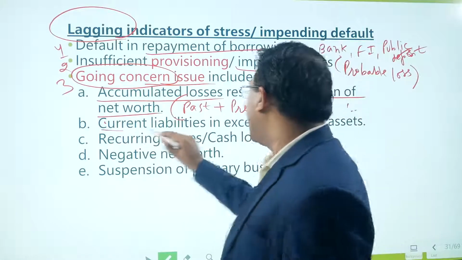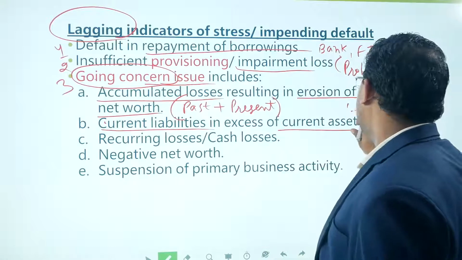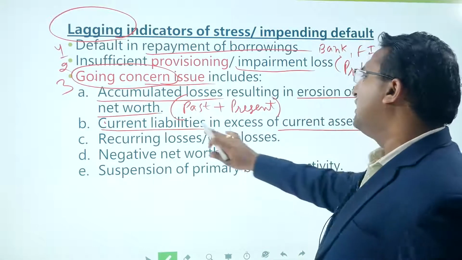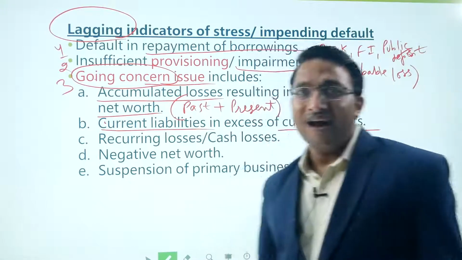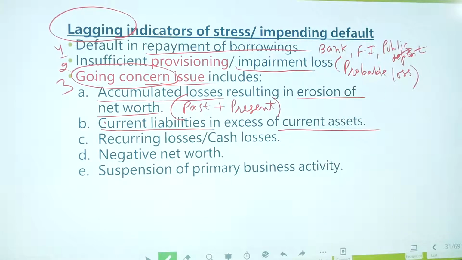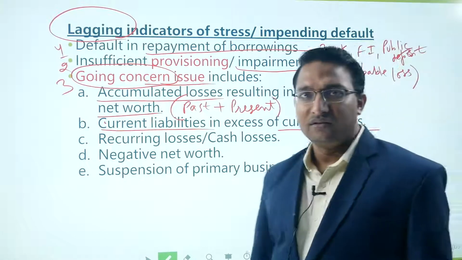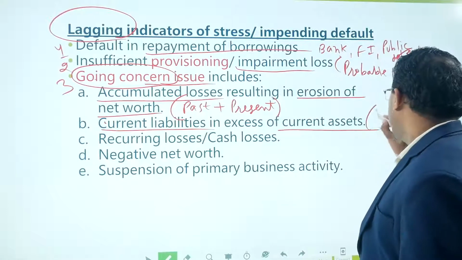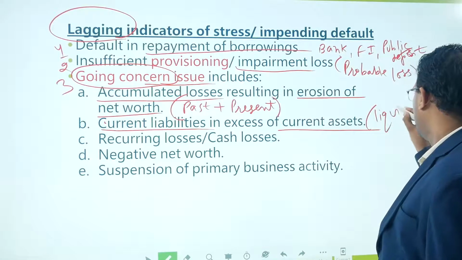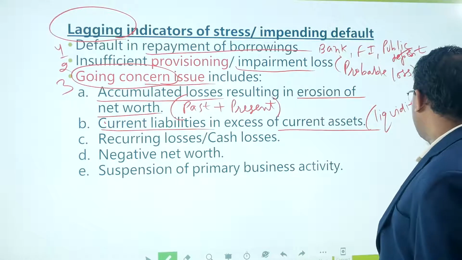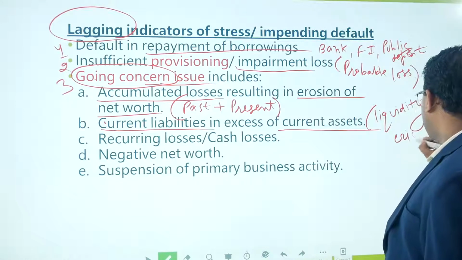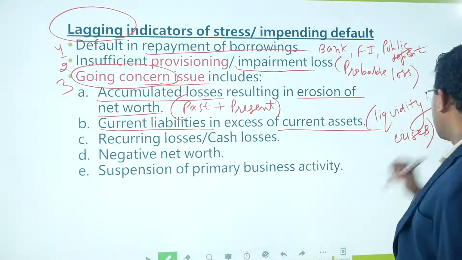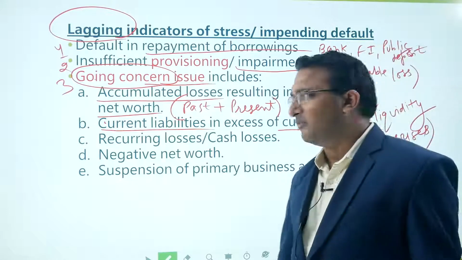Second, current liabilities are in excess of current assets. So the liabilities which are due within 12 months are more than the amount which we have to receive within the 12 months. This represents that there can be a liquidity crisis, because our obligations within 12 months are more than our assets or receivables within 12 months.